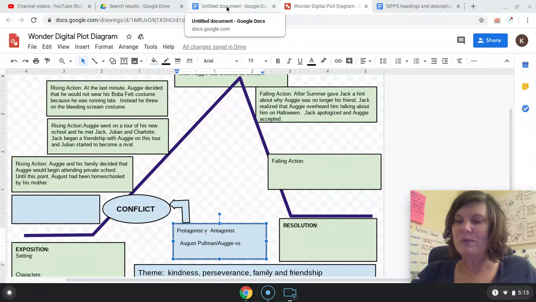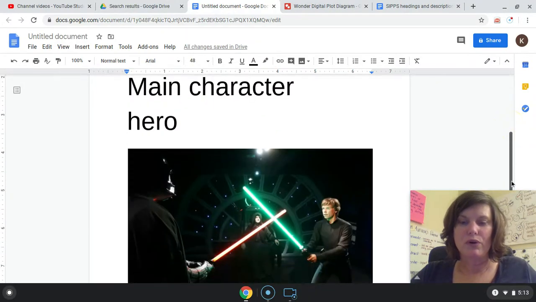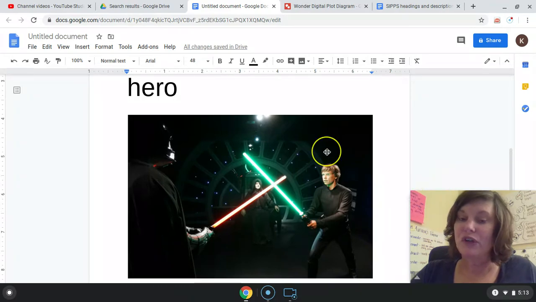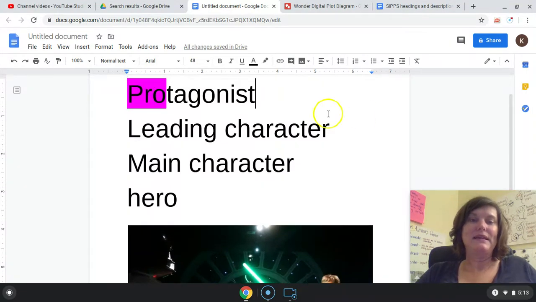So let's go back to the picture that we used yesterday. Our picture of Star Wars. The protagonist was Luke Skywalker. Well, the antagonist, let me type it here.